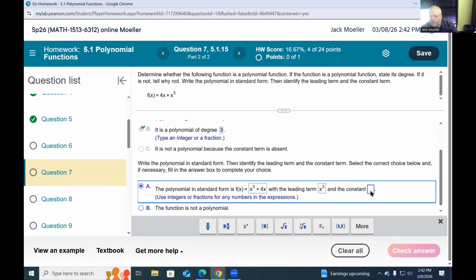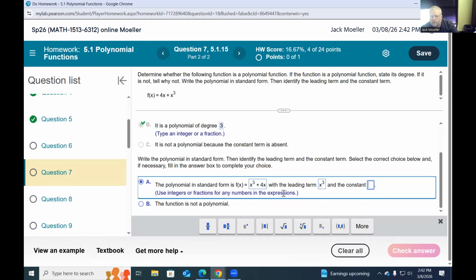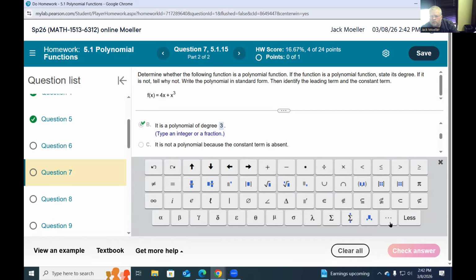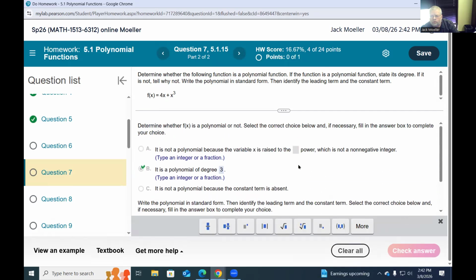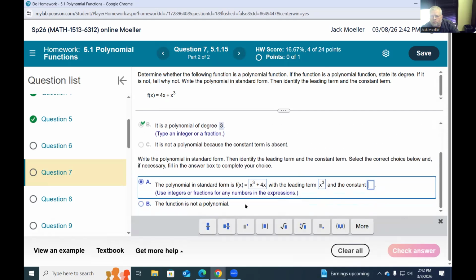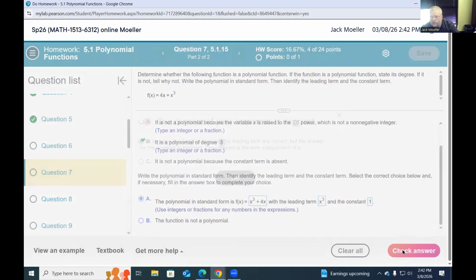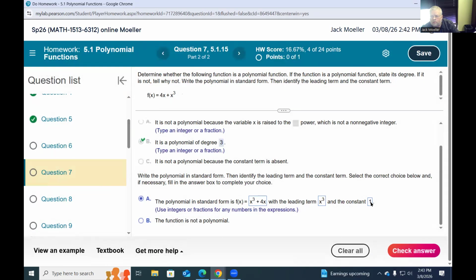Now for the constant, there isn't a constant. Okay. I'm going to take a guess here right quick and see. Right, so the reason I'm hesitating is there is no constant term in here.